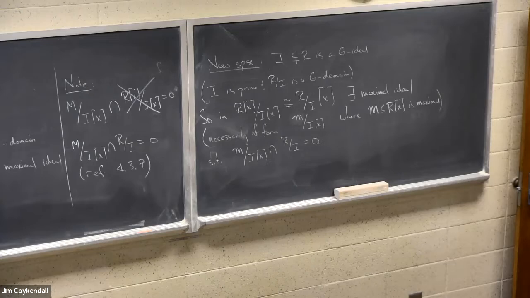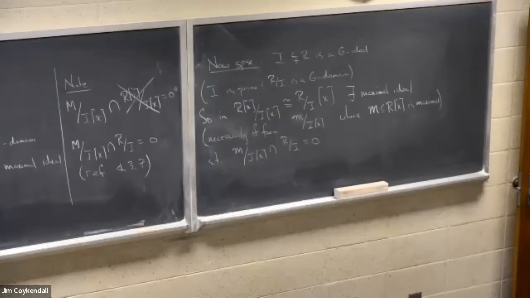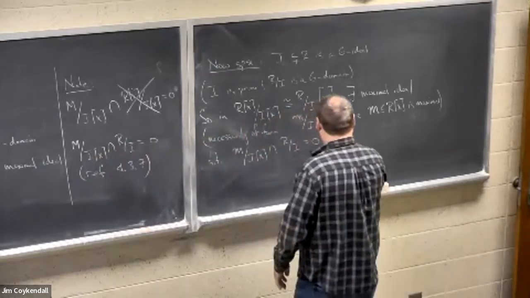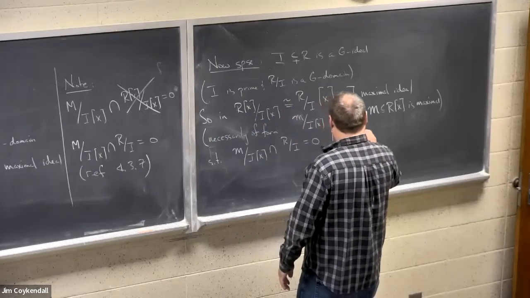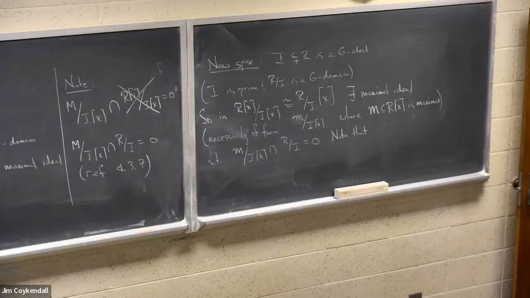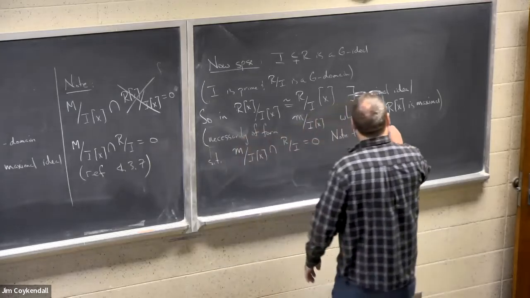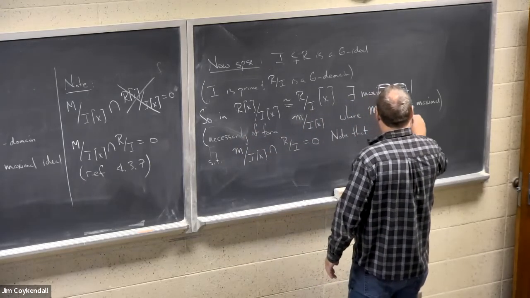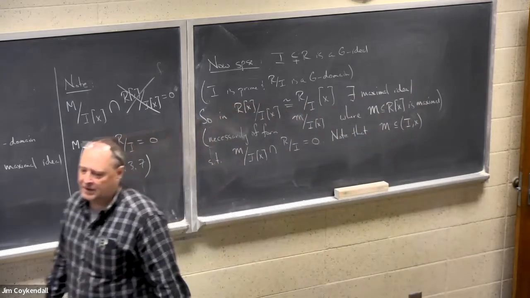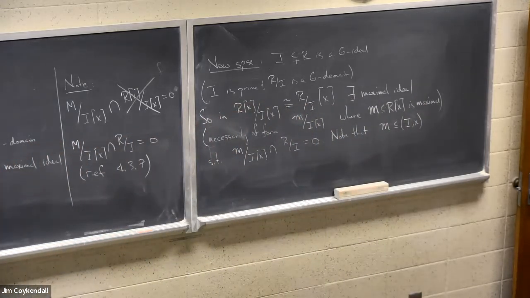So we're going to write that. Notice that this maximal ideal M must necessarily be contained in the ideal (I, X).